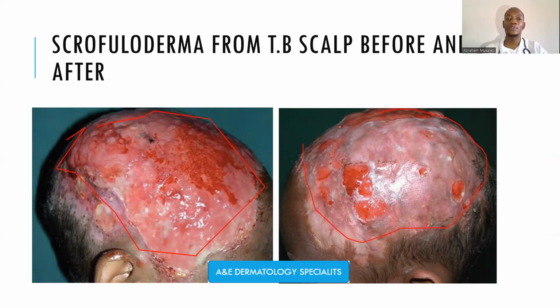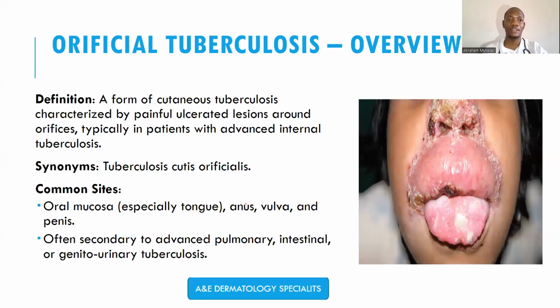Now this one also looks like a pyoderma gangrenosum. So cutaneous TB will also be a differential in case you see similar cases. So in this case, you have to take a biopsy, then you look at it under the H&E, and then also pus staining.